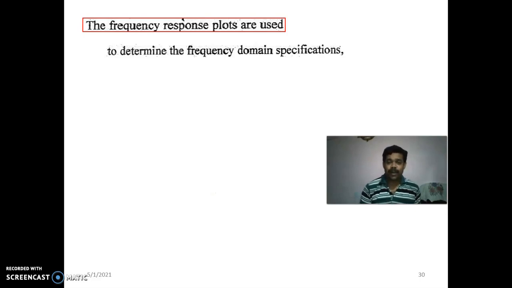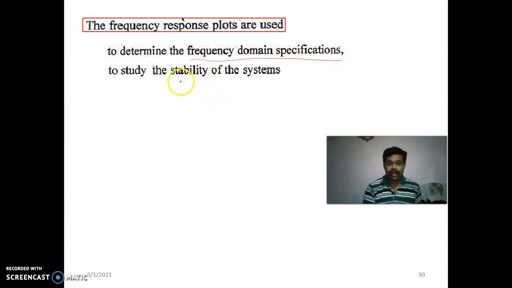Frequency response plots are used to determine frequency domain specifications. We have studied some frequency domain specifications, and in order to find them, these frequency response plots are used. They are also used to study the stability of the system.